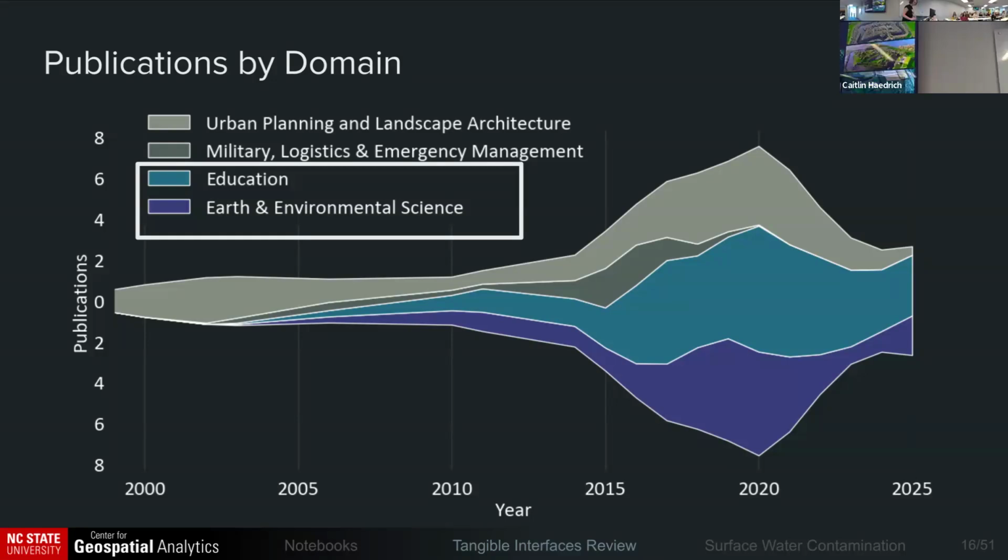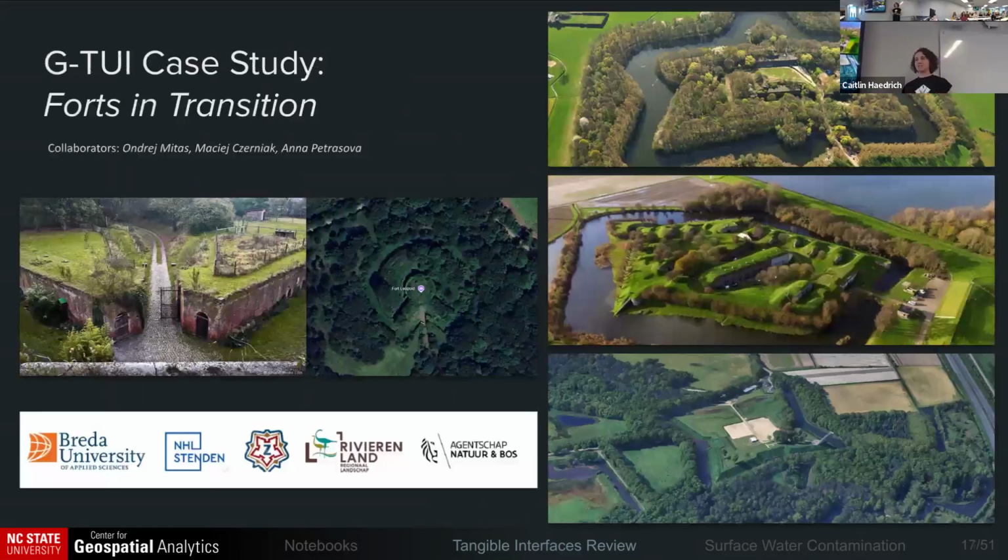So, on this note of how it can be used in participatory research, I want to talk about one of my own, a project that I was a part of, looking at historic forts across Belgium and the Netherlands. And so these are 4 forts that are managed in a variety of ways.